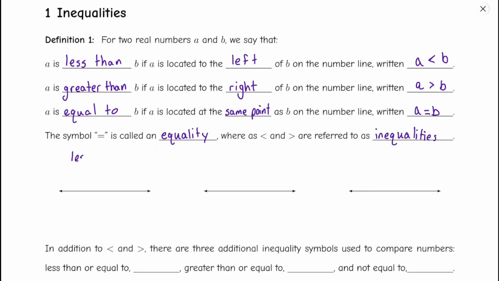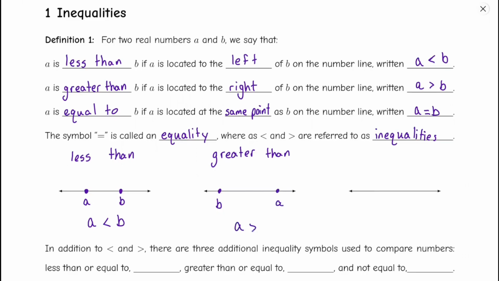So for less than, it would look something like this. You have a to the left of b. So a is less than b. For greater than, you have b to the left of a.